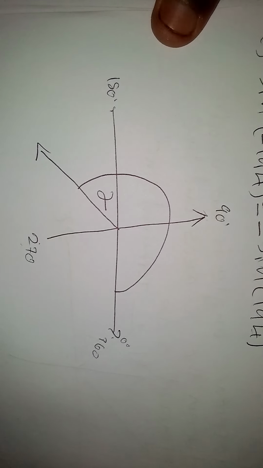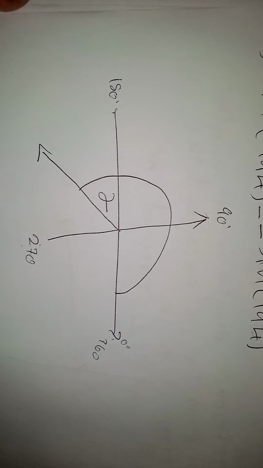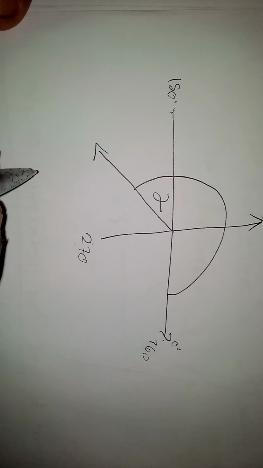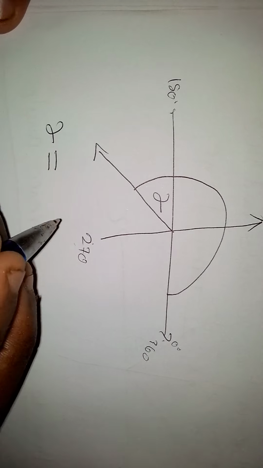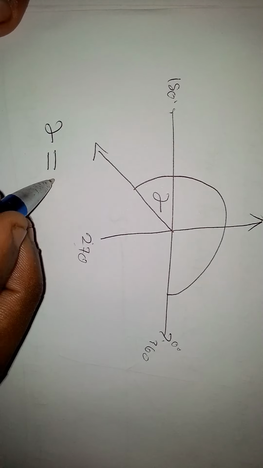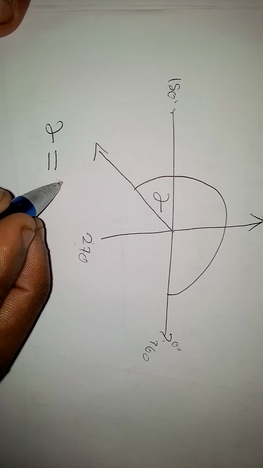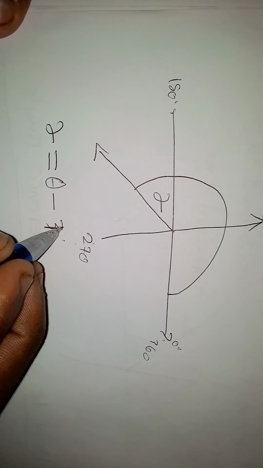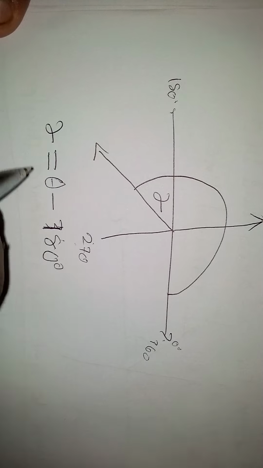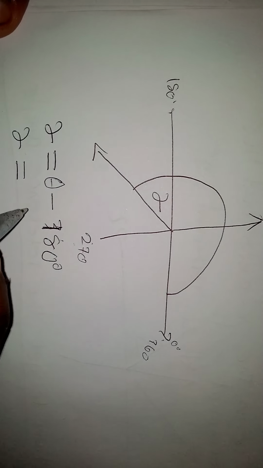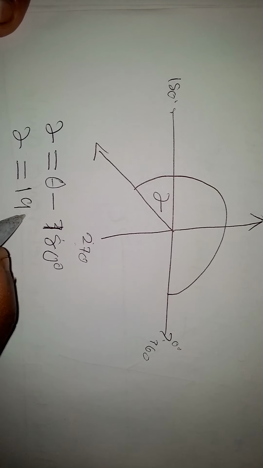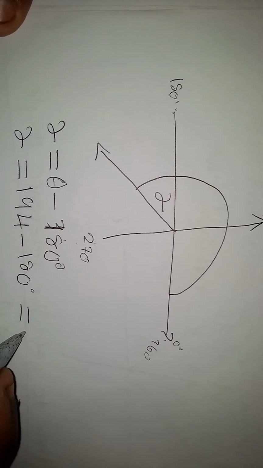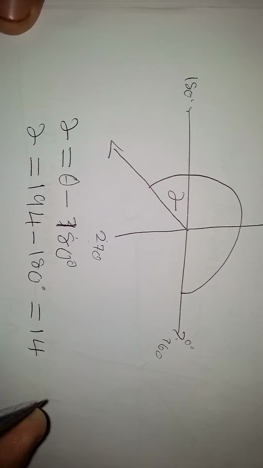So we use the definition I've just given you: when finding the reference angle in the third quadrant, alpha is equal to the given theta subtract 180 degrees. So alpha will be 194 minus 180 degrees, which gives us 14.